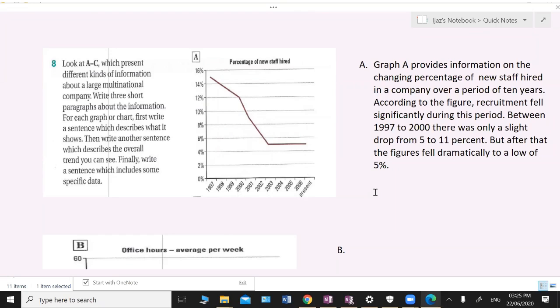Are you explaining the graph in the right way, or are you telling about something else which you memorized or prepared yesterday at home? So your content, you should be talking about this graph, not about something else. Second thing, you organize your information in a way which looks logical. For example, first, you give an introduction.